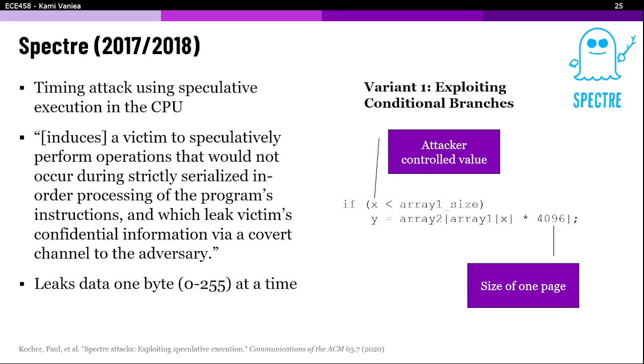There's a lot of things you can do with timing attacks. This is a timing attack. The idea here is you induce the victim to speculate and perform operations that would not occur during strictly serialized in-order processing of the program's instructions, which leaks victims' confidential information via a covert channel to the adversary.